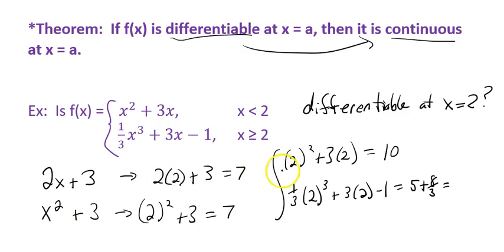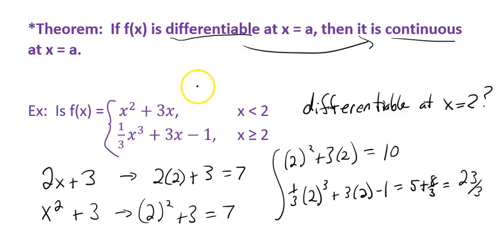Okay, so what does that mean? We were testing if it's differentiable by doing the derivatives, and we said if it's differentiable then it's continuous, but I guess we should have started with the question, is it continuous in the beginning? And no, this has a jump. This is 23/3. This jumps from a y value of 10 to a y value of 23/3, although it does have the same slopes.